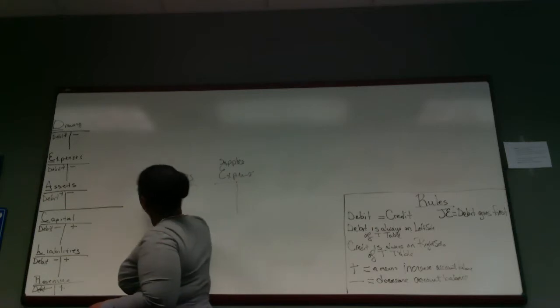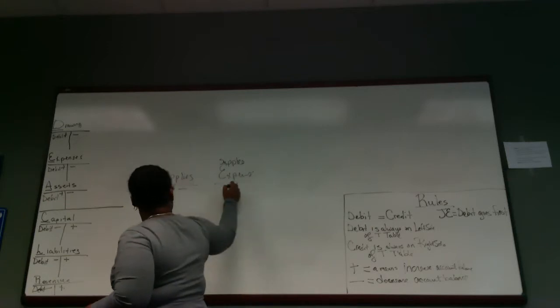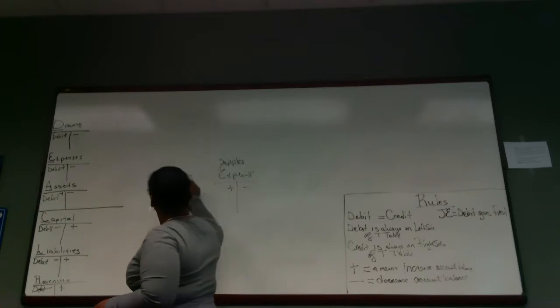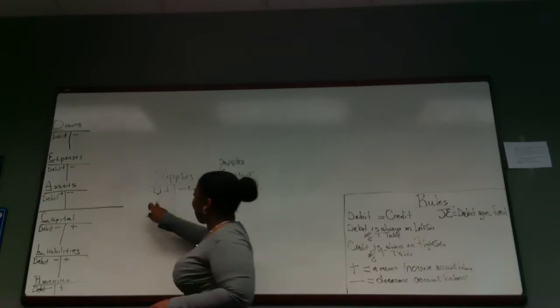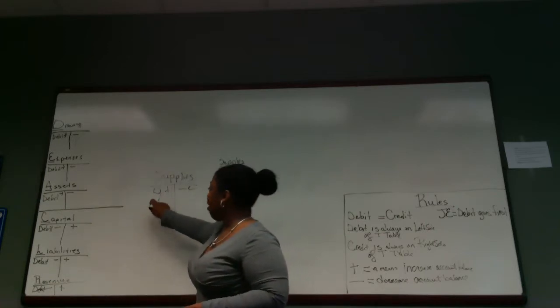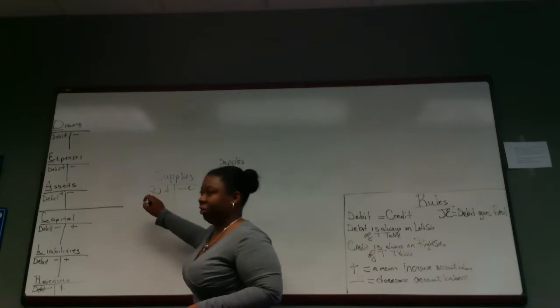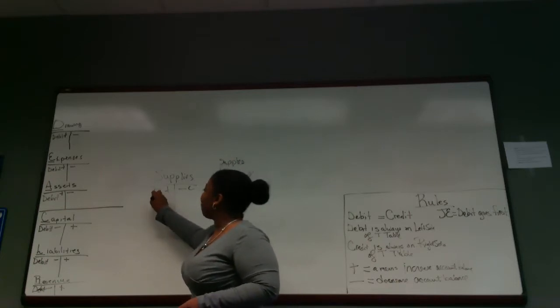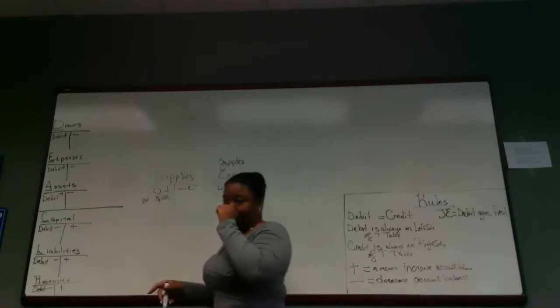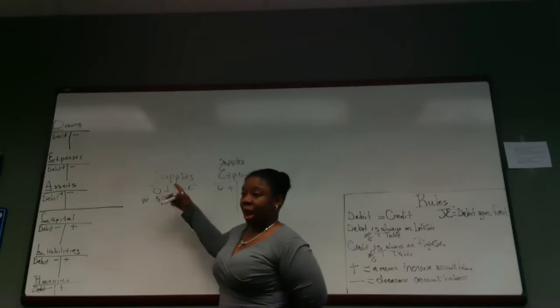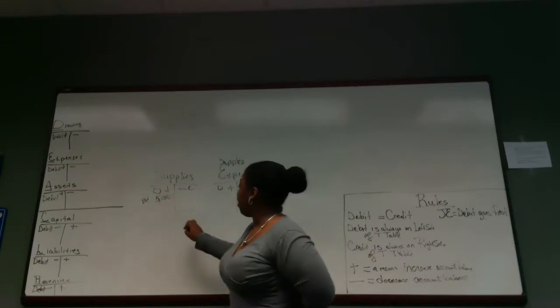So we had $5,000 of supplies, meaning this was the beginning balance, right? If I buy more supplies, I'm going to put cash at it.